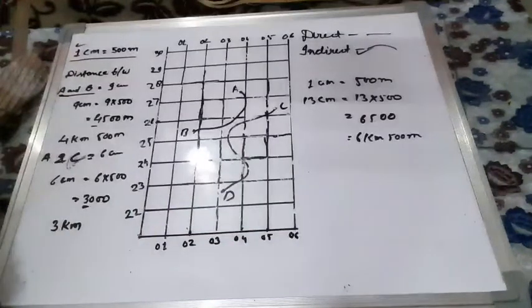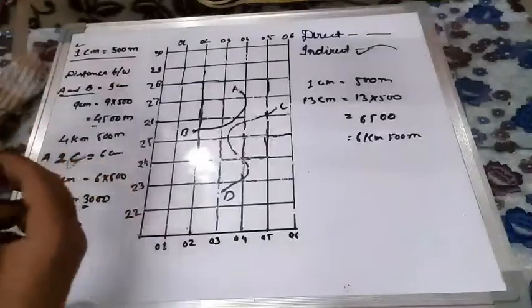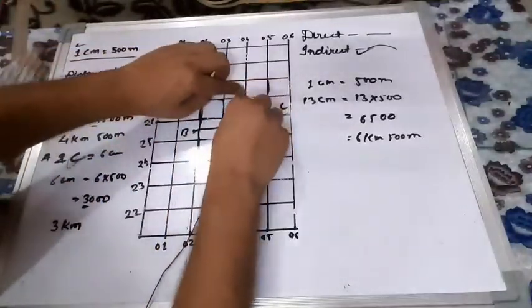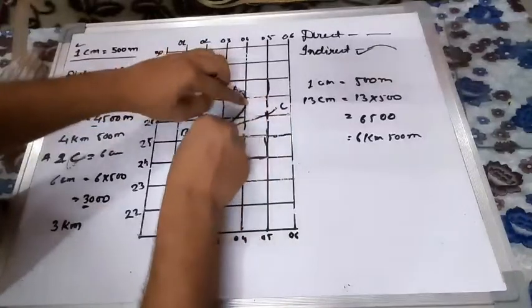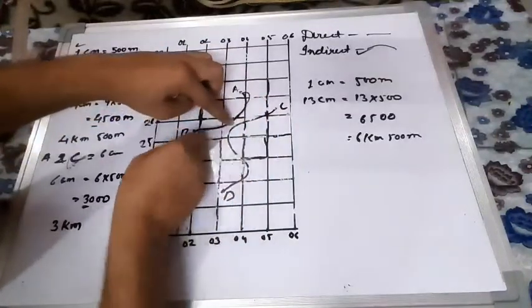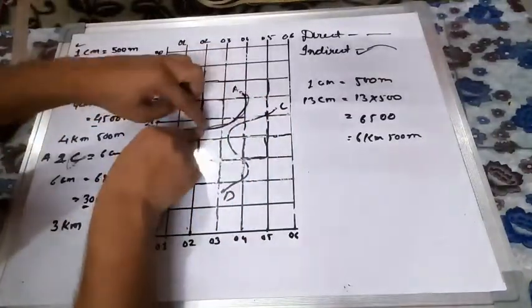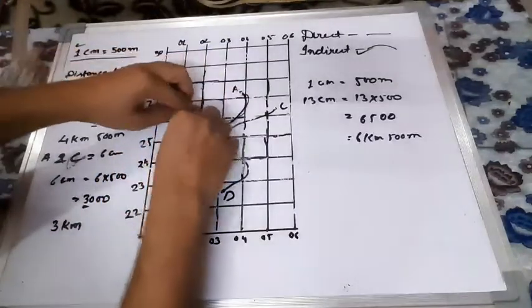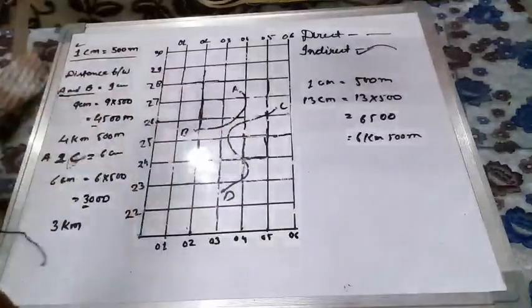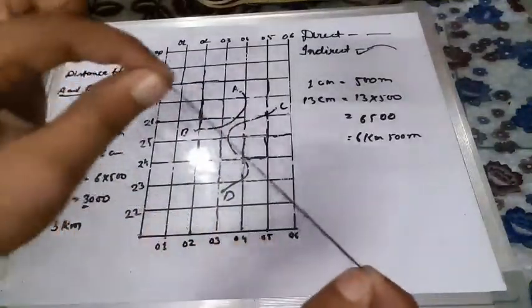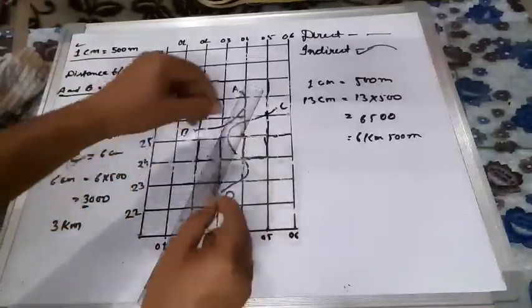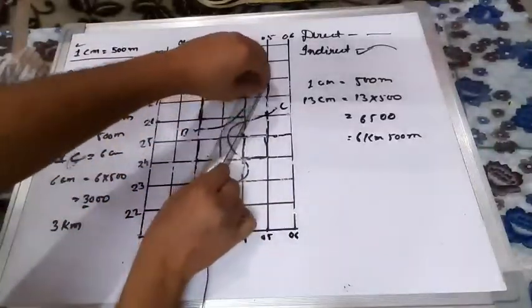Okay, now see another example here, distance between A and B. So we will put our starting point with this one. Then we'll put like this, then this one, then like this. Then wherever it ends we will go till here, है ना. Now we got this distance, and now we will put this distance on our scale starting from 0 till here.